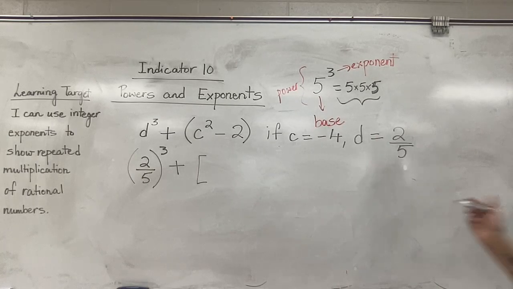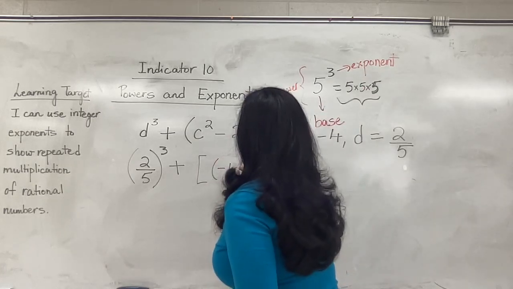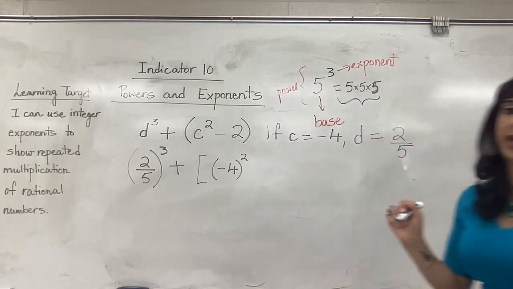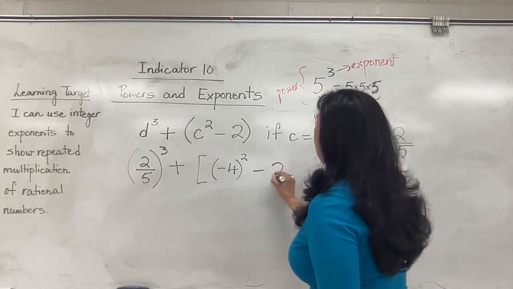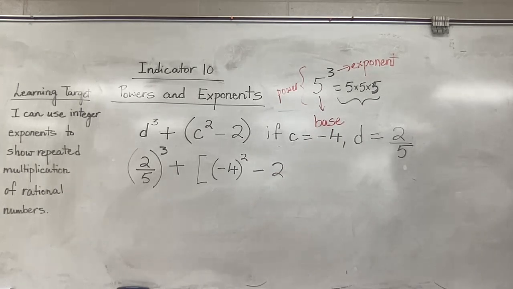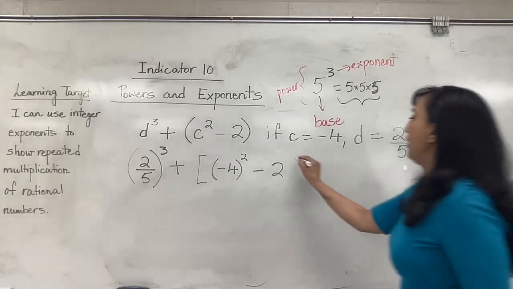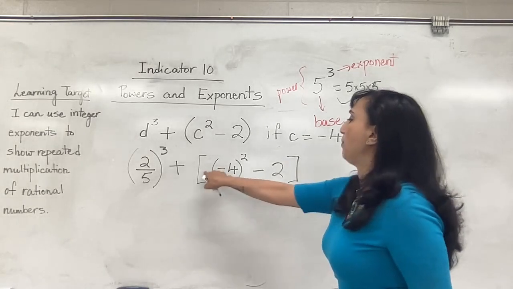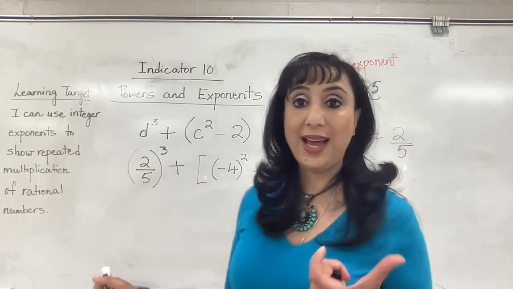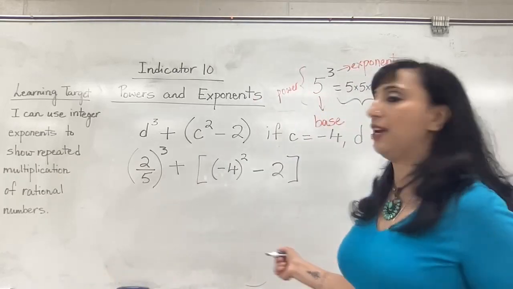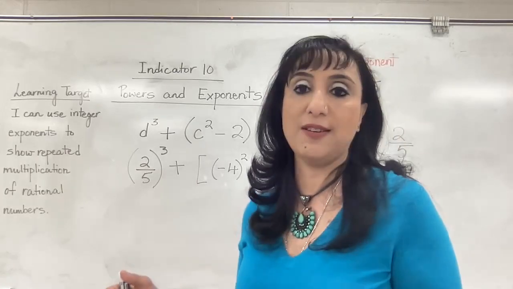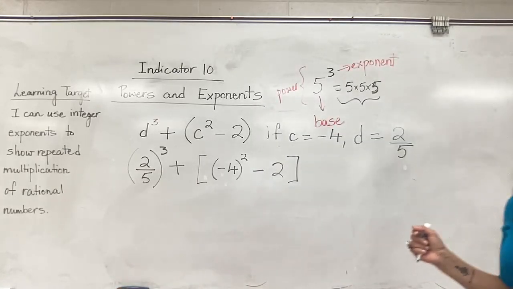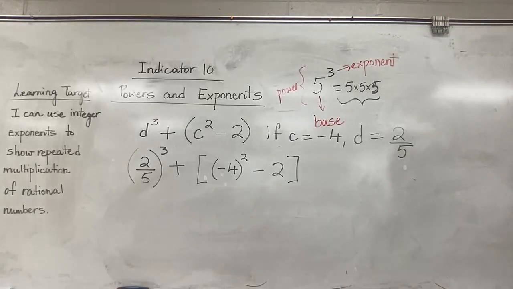And c has been given to me as -4 squared. All right. And then I have minus 2. Because that is basically what the expression is. All right. Now, please remember that I did not put the minus sign outside because it told me the entire value of c is -4. So therefore, it's -4 times -4 that's being used as a factor. All right. So that is why I'm writing it within the parentheses.